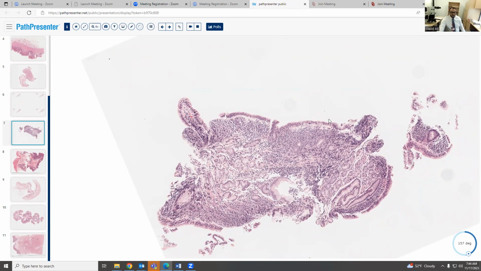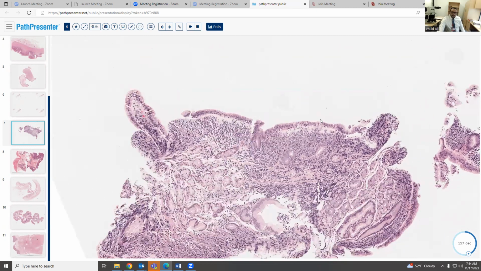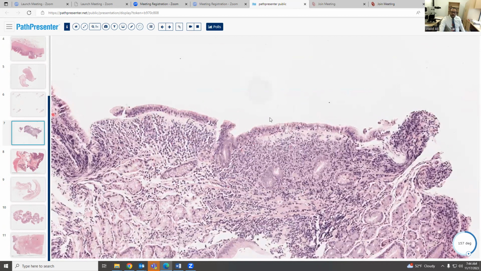That's why they call it microscopic. Endoscopically, you don't see any abnormality. We just see it in the microscope. And there are two types of microscopic colitis: lymphocytic colitis and collagenous colitis. This one is collagenous colitis. We see abundance of collagen.